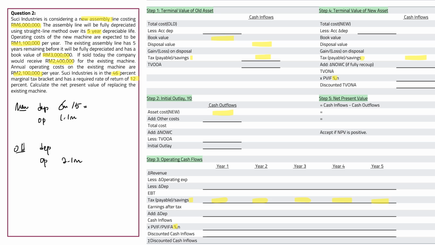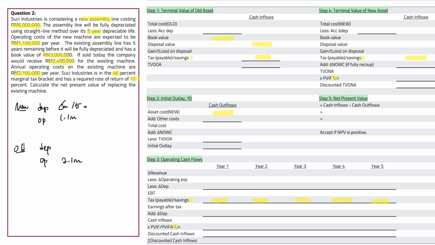If costs increase, then you have less profit. So it is a minus. Okay, so let's do the depreciation of the old machine. So we know that the book value of the old machine is currently 3 million. It has 5 years left.